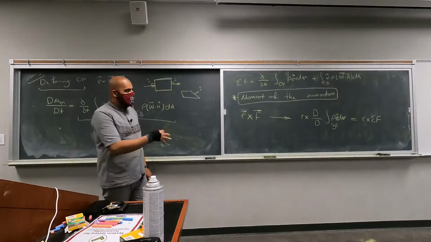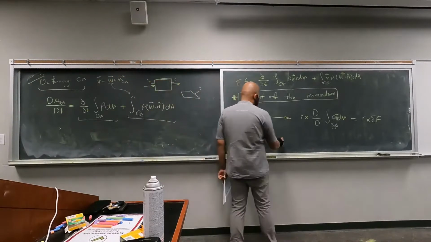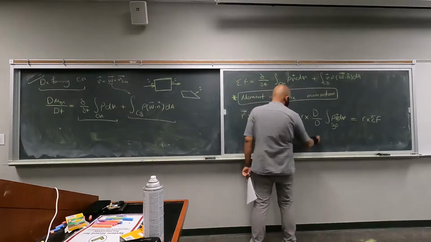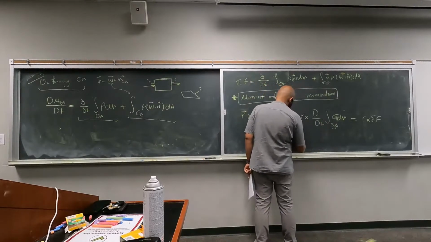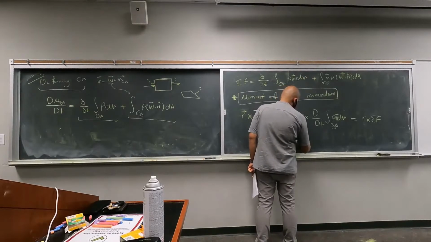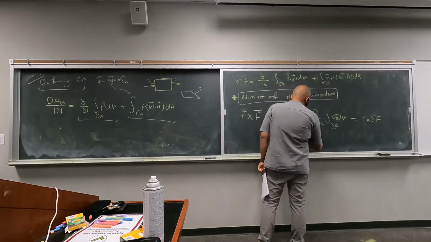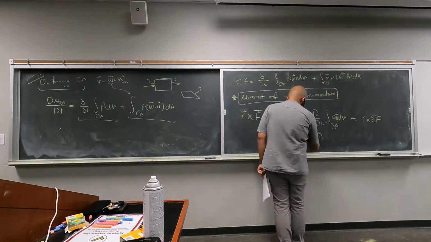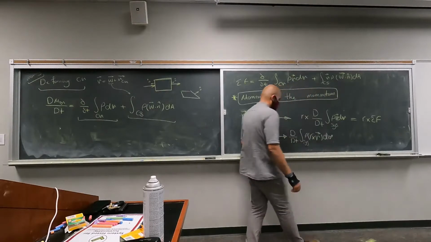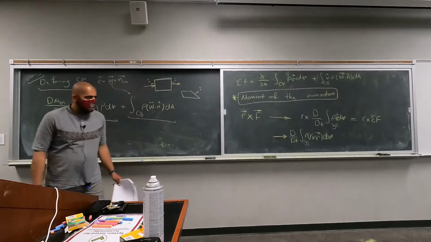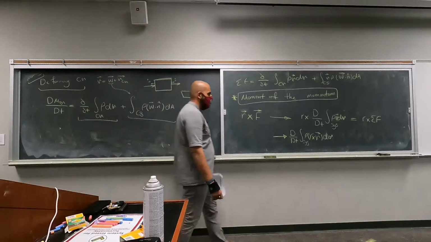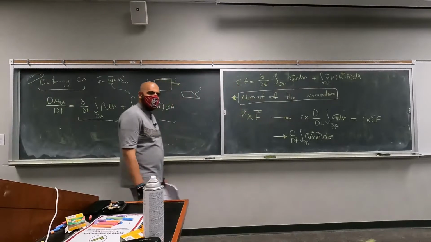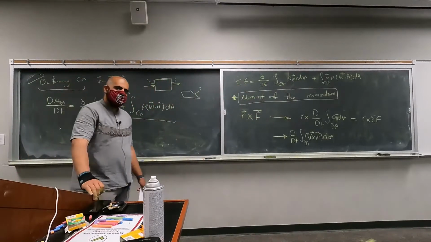If you play with this a little bit, eventually you come to the conclusion that you can take R inside the integral, which tells you that R cross V is your extensive property. So we can apply the Reynolds transport theorem to this.